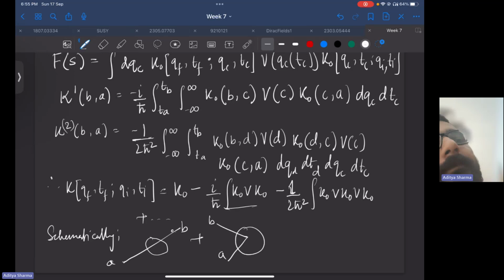This is this term, K naught V K naught, plus a particle goes in V, then particle goes out, K naught V K naught, plus K naught V K naught V K naught.